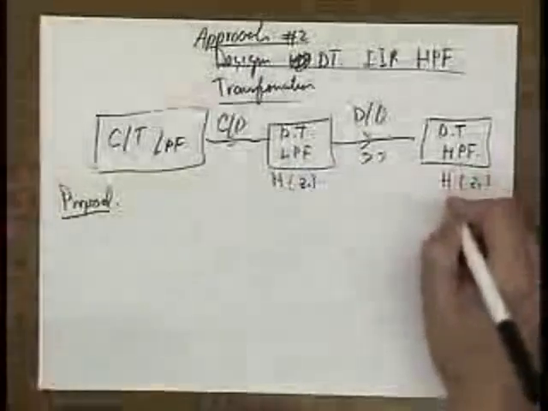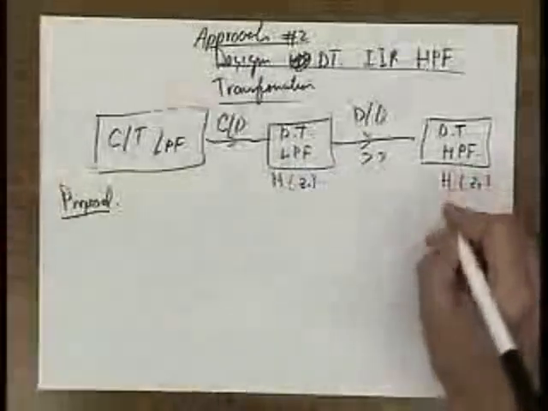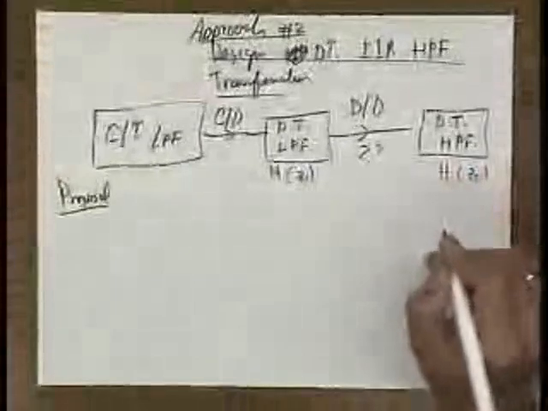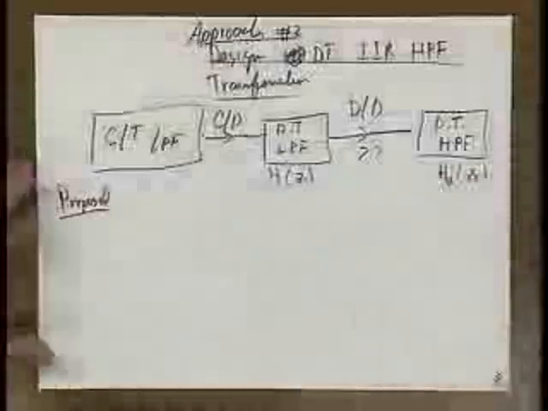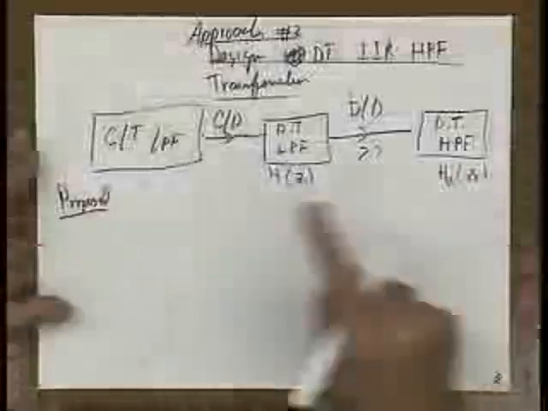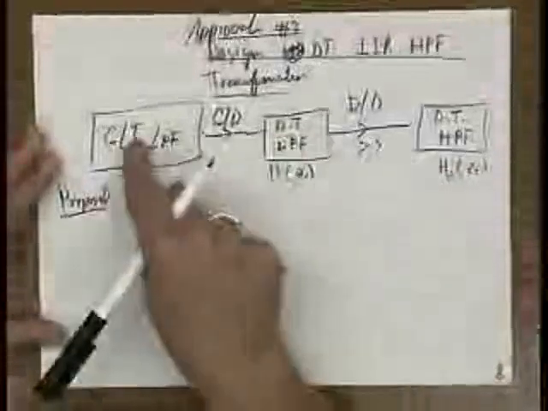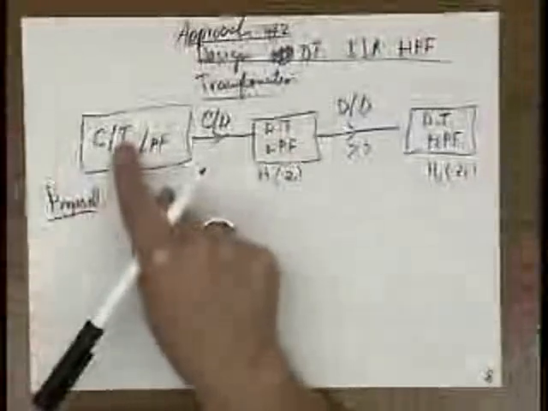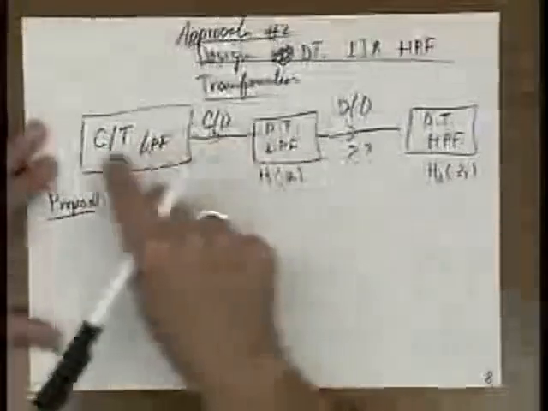So going from a continuous time low-pass filter to a discrete time low-pass filter, that's something we talked about already in the last lecture using the bilinear transformation that I put up, and that's pretty well understood.